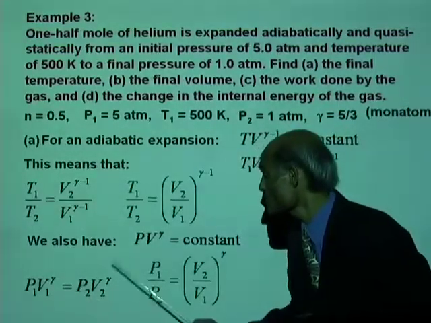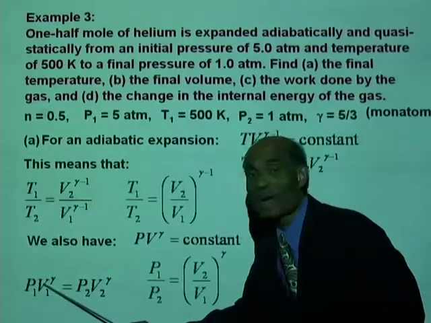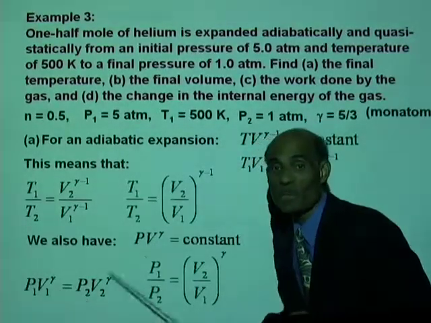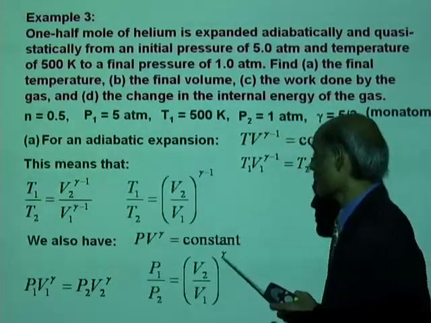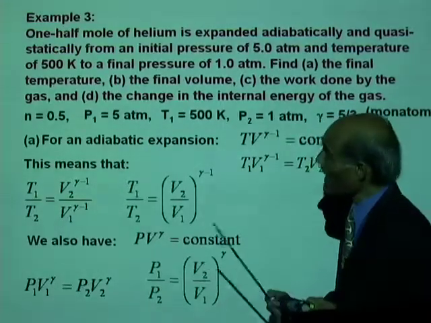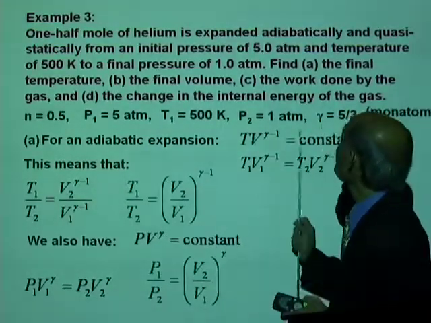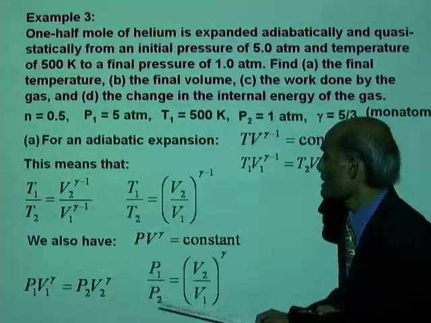P1 over P2 equal to V2 to the power of gamma divided by V1 to the power of gamma, which is V2 over V1 to the power of gamma. Alright, now what do we have? We know P1 over P2.